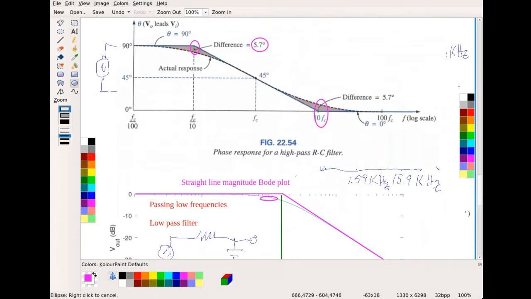So even though we say they're being passed, these frequencies right in here, we're chopping those off. Okay, this was the low pass we're looking at here, but it's just in the screen right there.